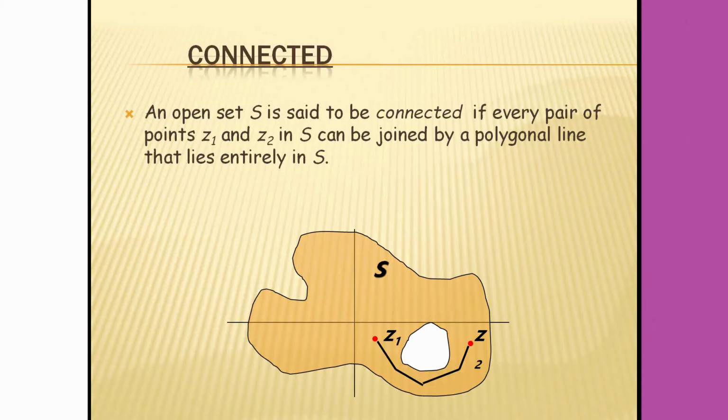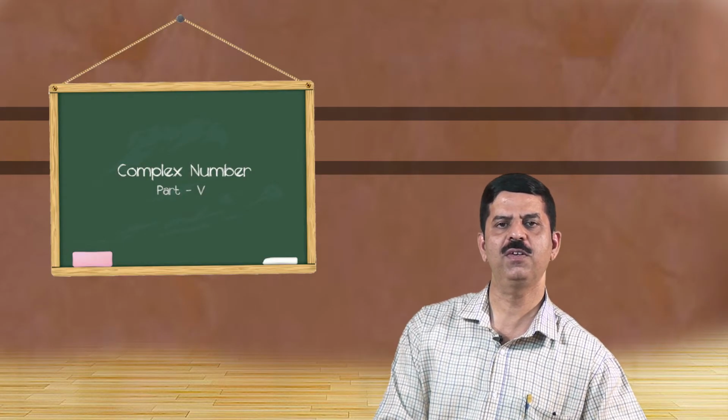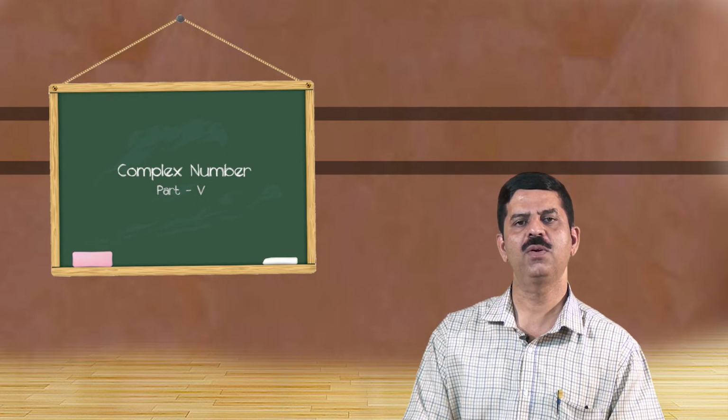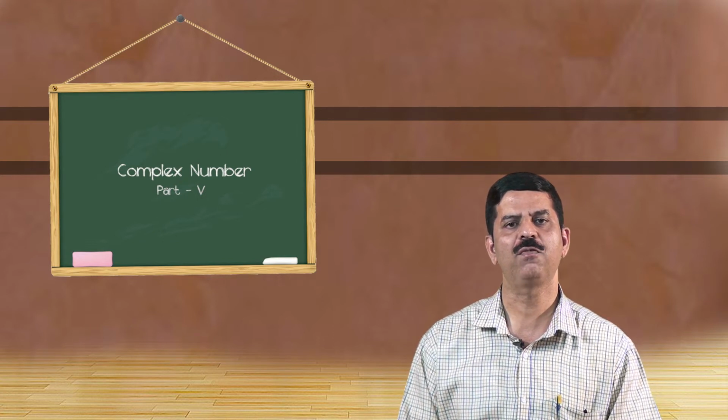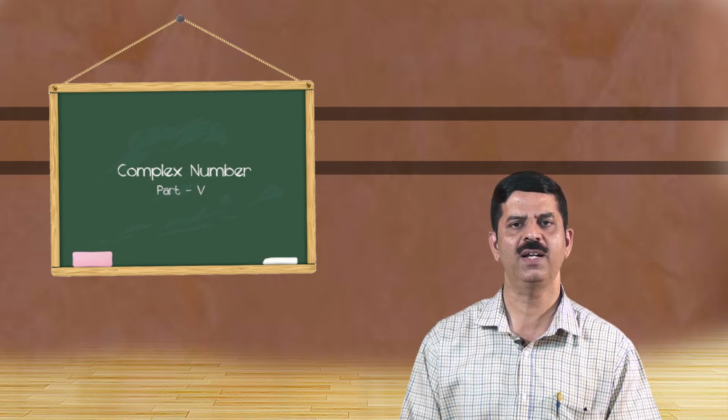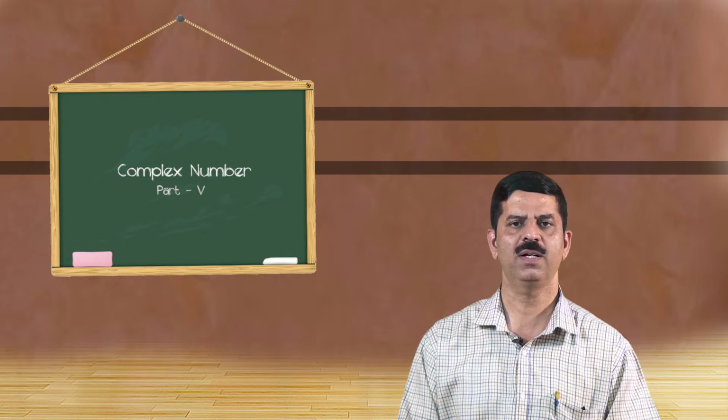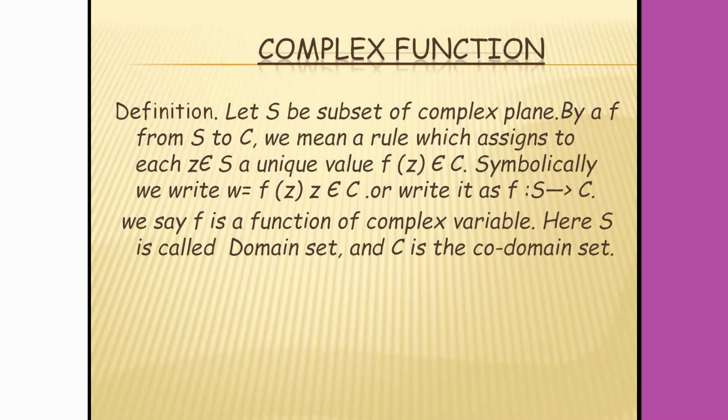Observe it. Next, after these basic definitions, we are going to study what we mean by a function. As you have defined functions in the set of real numbers, we can also define a function, mapping or rule in the set of complex numbers.